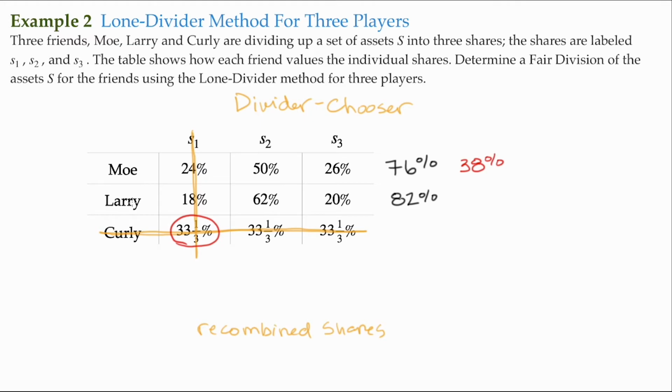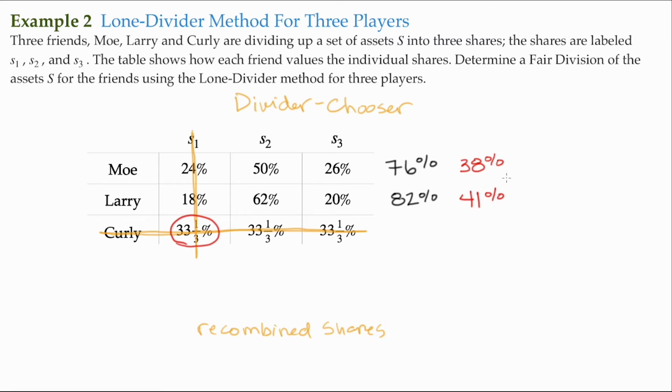Since Larry would be the chooser, Larry would get at least 38%. If we flip a coin and Larry becomes the divider, it's the same thing. Larry can guarantee himself 1/2 of the recombined asset, and 1/2 of 82% is 41%. He's the divider, he's guaranteed 41%. Mo would be the chooser, and Mo will get at least 41%.